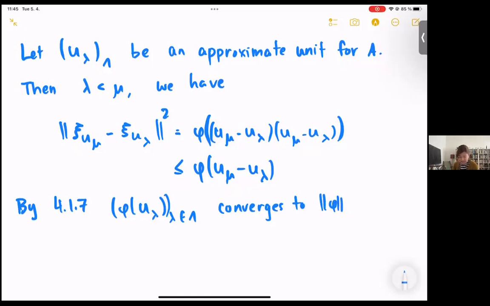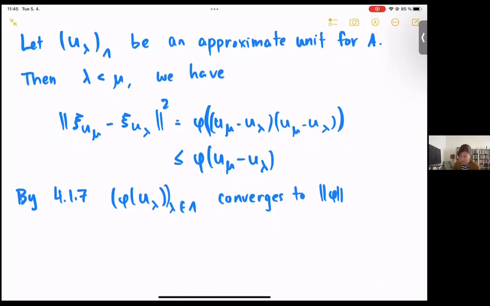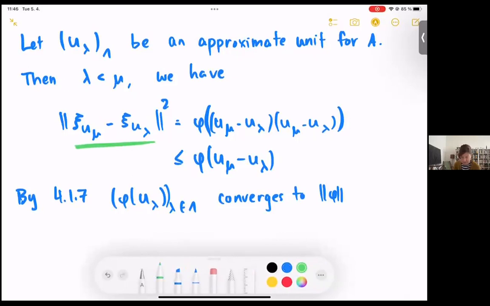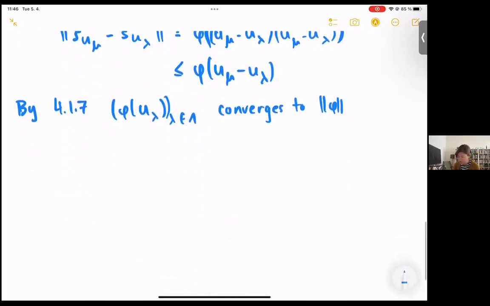So this tells us that these psi of u mu, psi of u lambda, form a Cauchy sequence. And so it has to converge to something, which we will call psi phi.